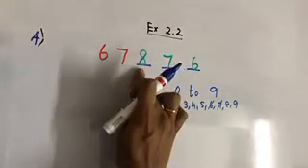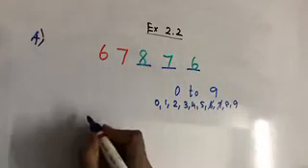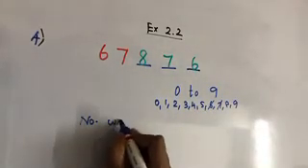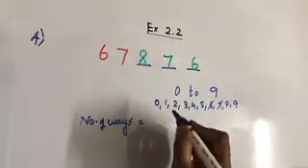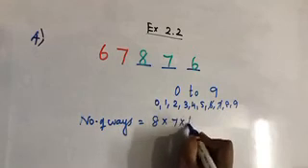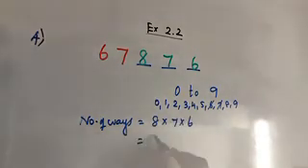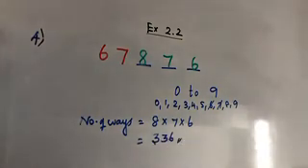Here I have 8 options, here 7 and then 6. So number of ways to fill this is 8 into 7 into 6. What do you get? 336 number of ways.